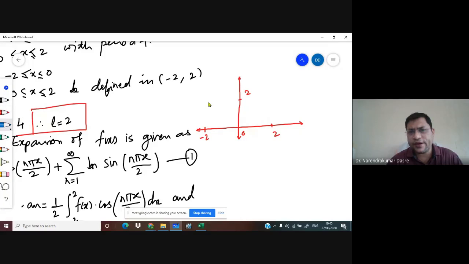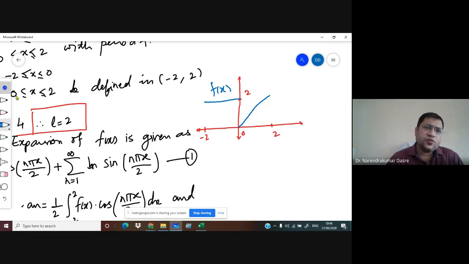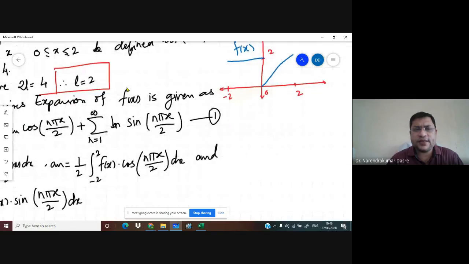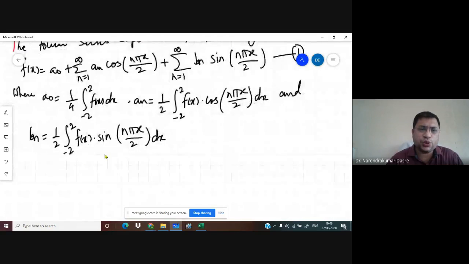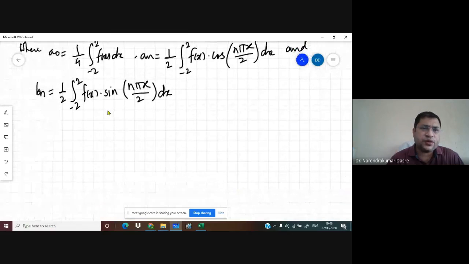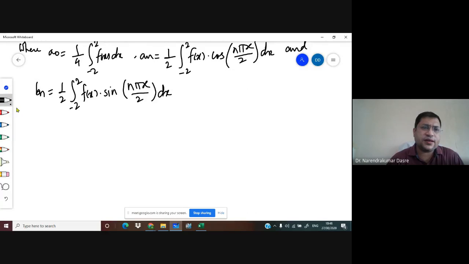From minus 2 to 0, it is going to be 2, and from 0 to 2, it is going to be x. So this is f of x. Now this function has a discontinuity at 0, and hence we have to split the integral minus 2 to 2 into two parts. Let us evaluate these coefficients one by one.